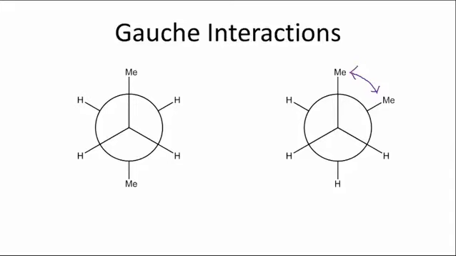So gauche interactions are these awkward interactions where the two groups are not eclipsed. Eclipsed would be really bad, but this might be like you have a close talker. You're in a conversation with someone. Oh, bring you back to Seinfeld. I don't know if you've ever seen the Close Talker episode of Seinfeld, but there's someone who likes to get right up close to talk. And that's kind of tacky, kind of awkward. So this is what we would call a gauche interaction.